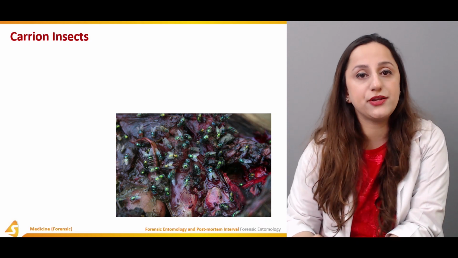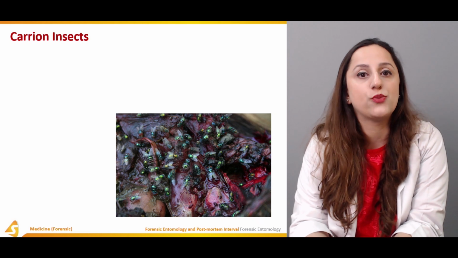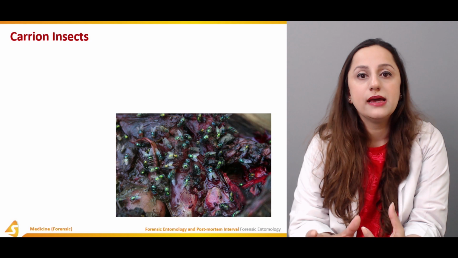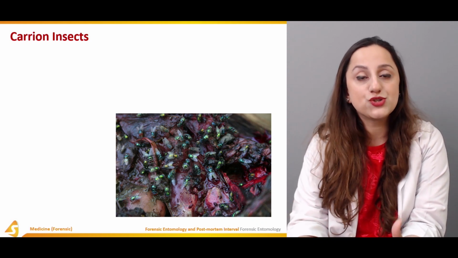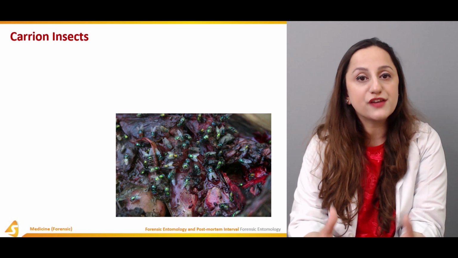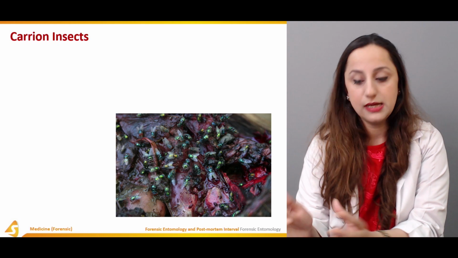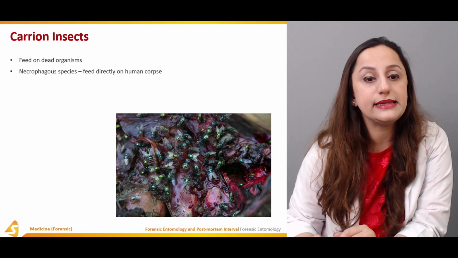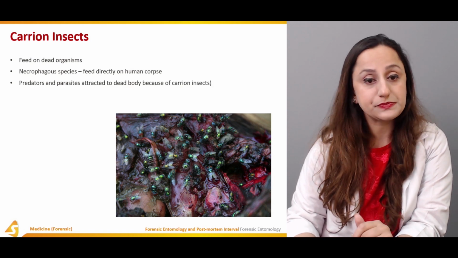Now, what are the carrion insects? The carrion insects are the mainstay of all this entomology. Why? Because they attract all the other parasites and insects toward the dead body by starting to feed on it. They are the first to start feeding on dead bodies. Then the necrophagous species feed directly on the human corpse.